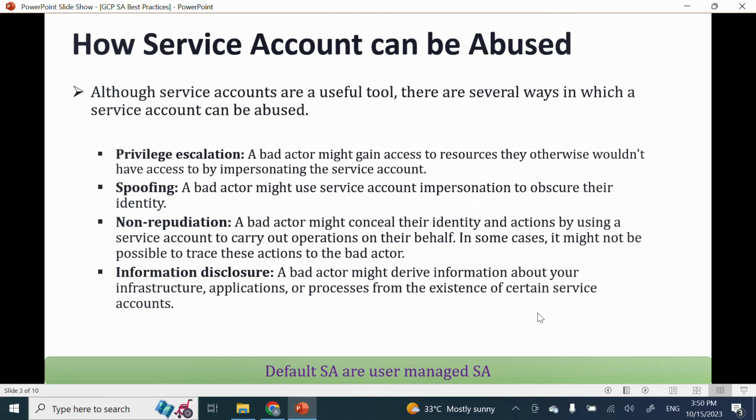This is more risky. Information disclosure. A bad actor might derive information about your infrastructure, applications, or processes from the existence of certain service accounts. So we have to be very careful as developers while using service accounts.